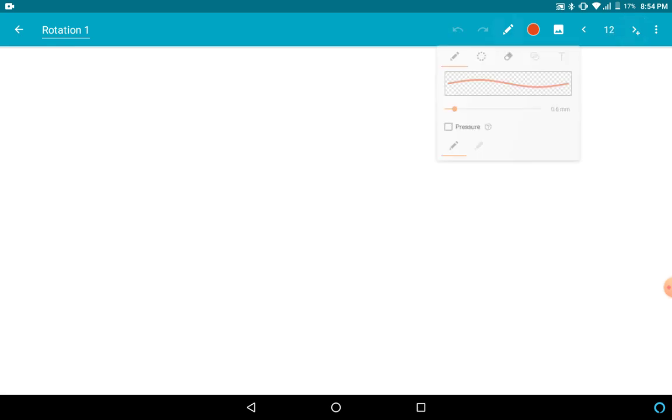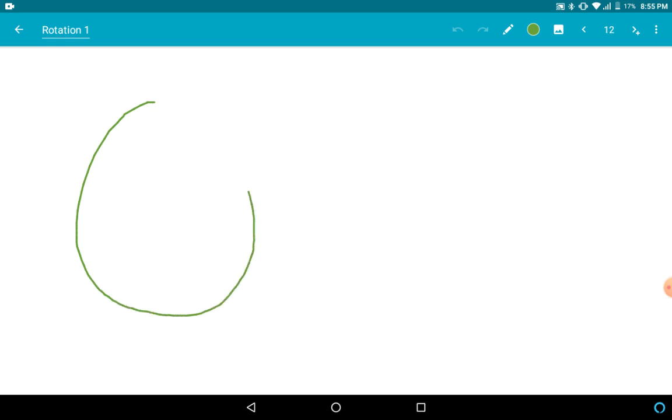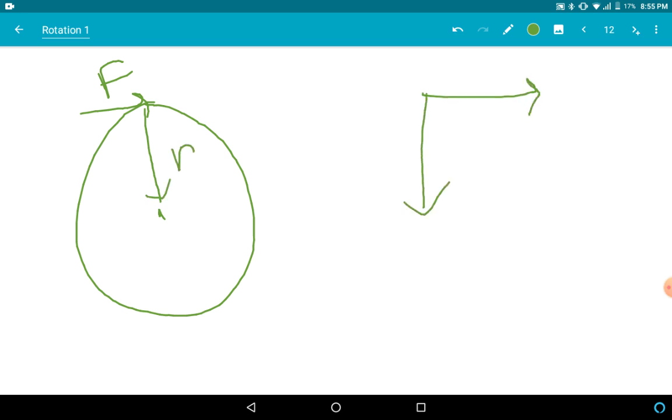Now let's say for a clockwise motion, I put force here, the R is here. As you can see, R is on the opposite side in clockwise.